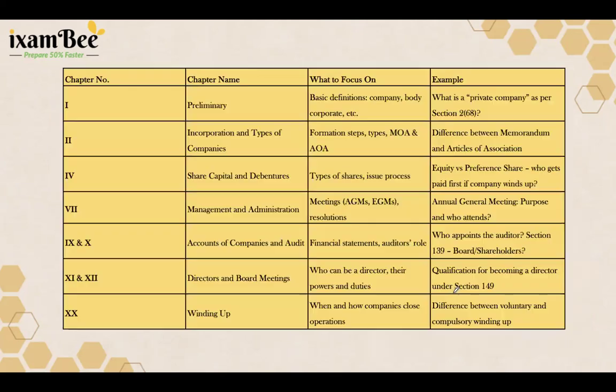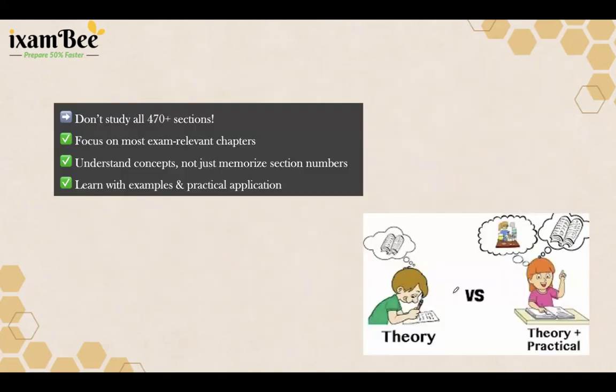Right? If you don't have a law background, here's how you should approach the Companies Act. First, understand the how and why behind every concept. Don't just mug up legal jargon. Understand what it means in the real world. Second, focus only on chapters that matter, not the entire 400 plus sections.